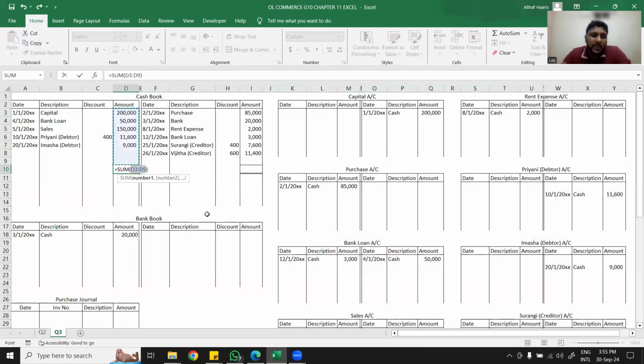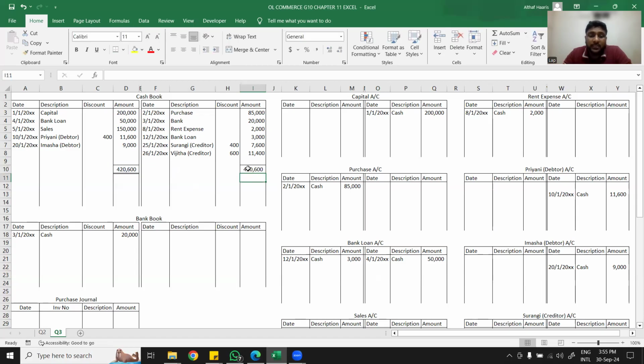Debit side is bigger, I guess. 420,600. Yes, one student confirmed it. Can you all tell me the missing value here? Is it 291,600? 31st January 20XX, this is balance CD.